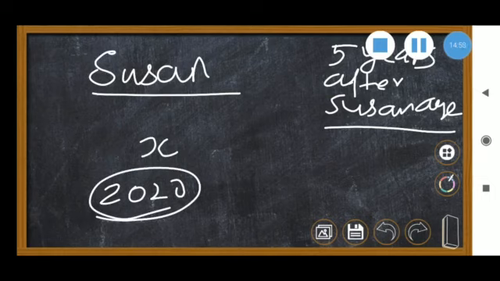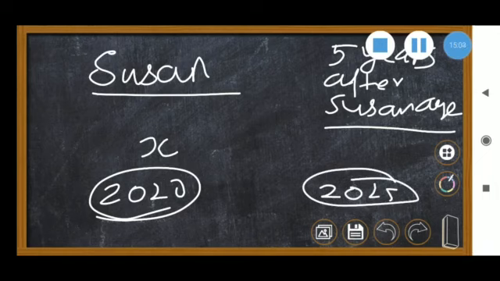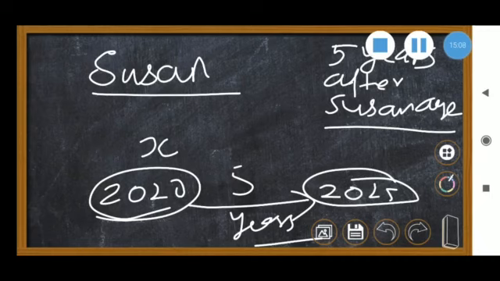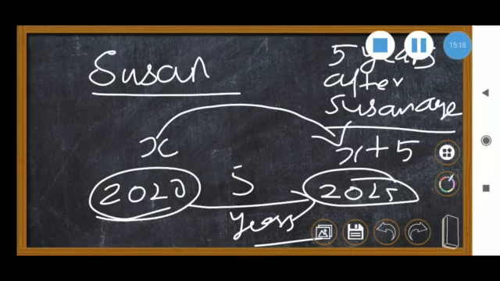What is his age after 5 years? That means 2025. So 5 years after, what will be Sushan's age? We have to add plus 5 to the current age of Sushan. That means X plus 5. Can you understand? So Sushan's age after 5 years will be X plus 5 years old.